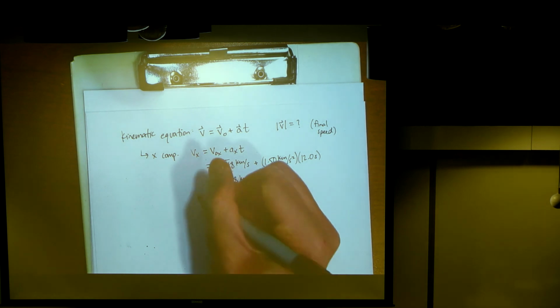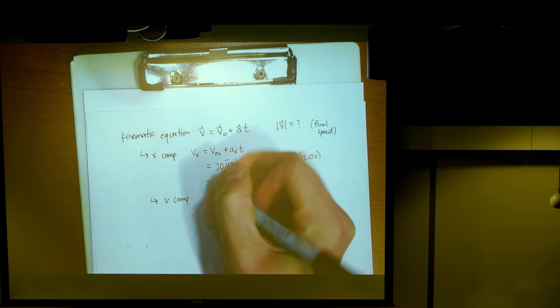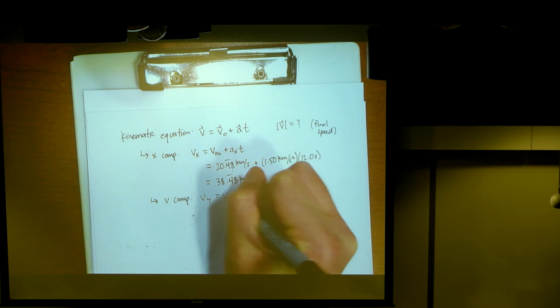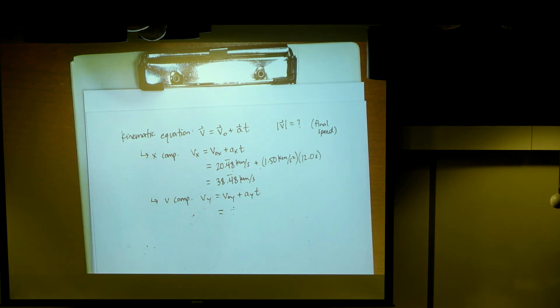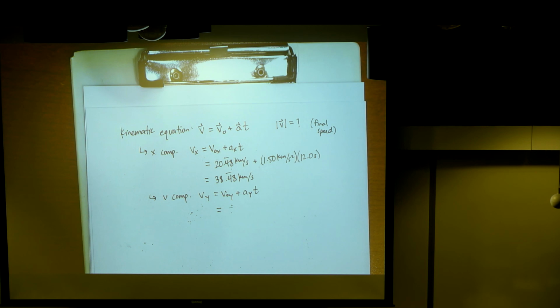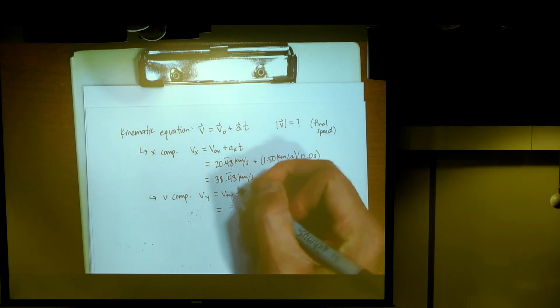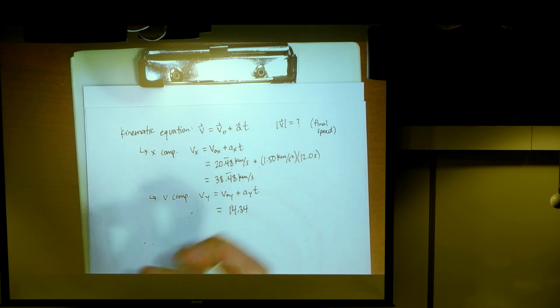What about the y component? Well, Vy equals V naught y plus AYT. So what was our V naught y value? That was a 14.34. So again, we worked that out previously.